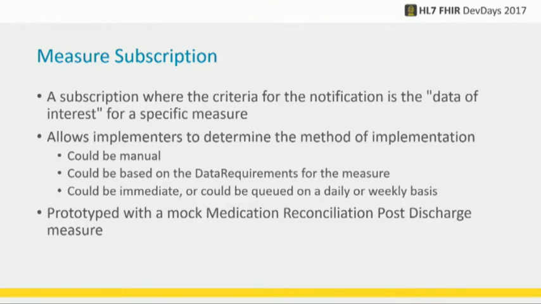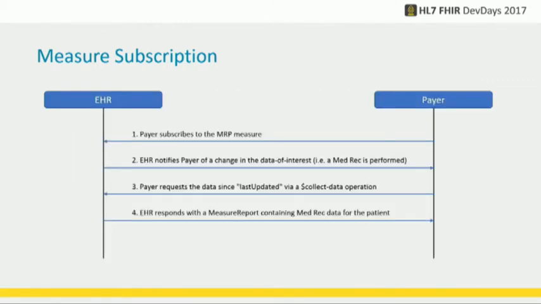It would be great to be able to listen to that measure, so that when any provider within that network sees that this patient has had a medication reconciliation, the payer can follow up on that measure. So the idea is that the payer would subscribe to an MRP measure.